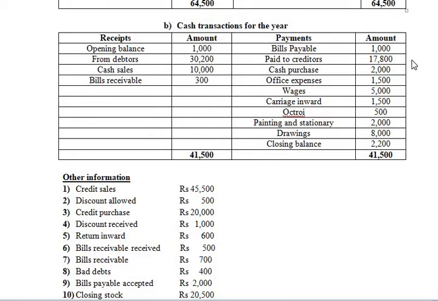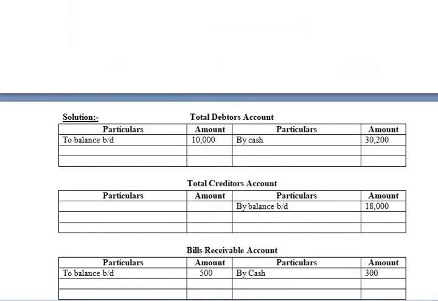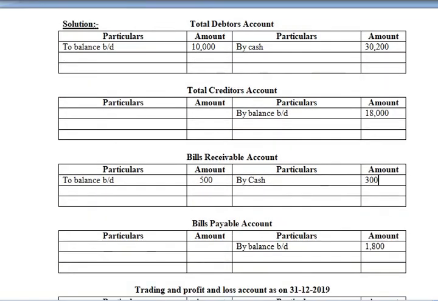What will be the entry for this? Bills payable account debit to cash. So the cash account has been credited and the bills payable account will be debited. So let's go to the bills payable account, and here to cash. And what is the amount?